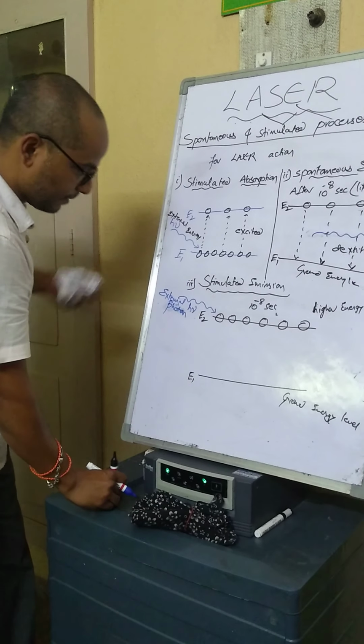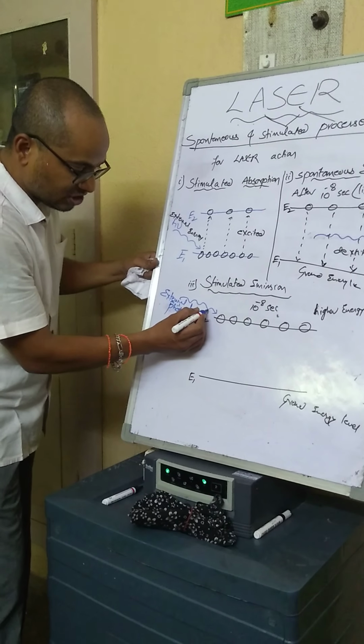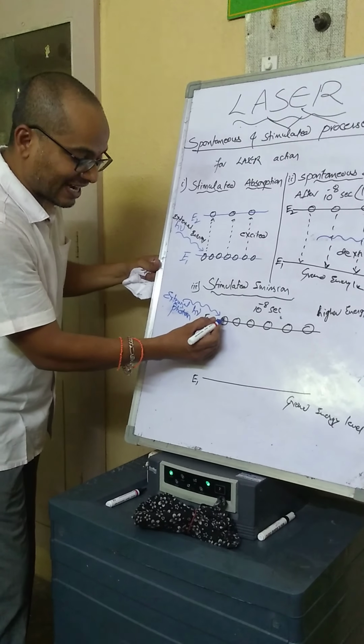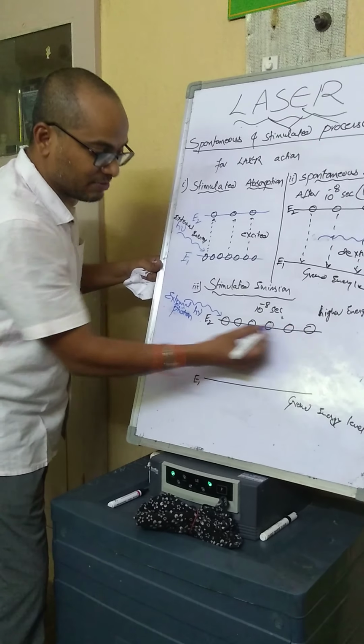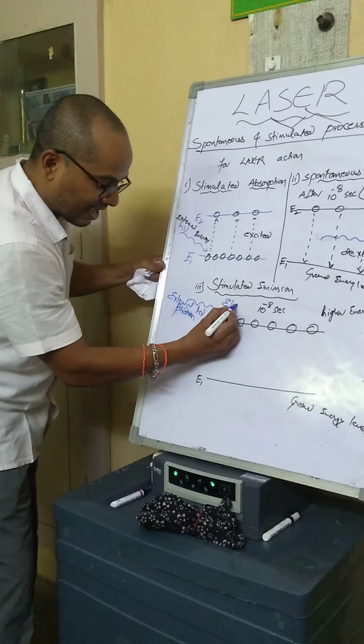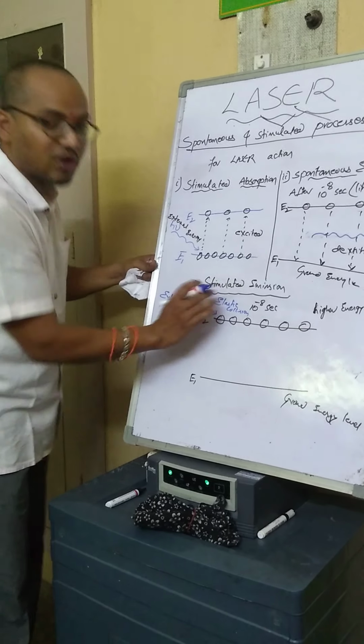So as I am supplying this external photon, this photon now directly undergoes an interaction with the higher energy level atoms, and that interaction is purely an elastic collision. Elastic collision means there is no loss of energy.